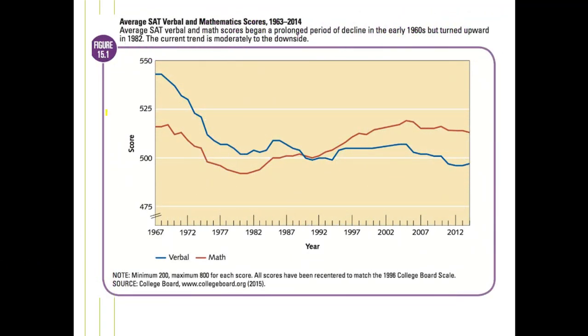Here is particularly quite a bit since the 60s, a fairly big downward trend, and then it leveled off, and as we get into the 2000s, despite more attention, we still see that SAT and ACT scores are still declining in general.